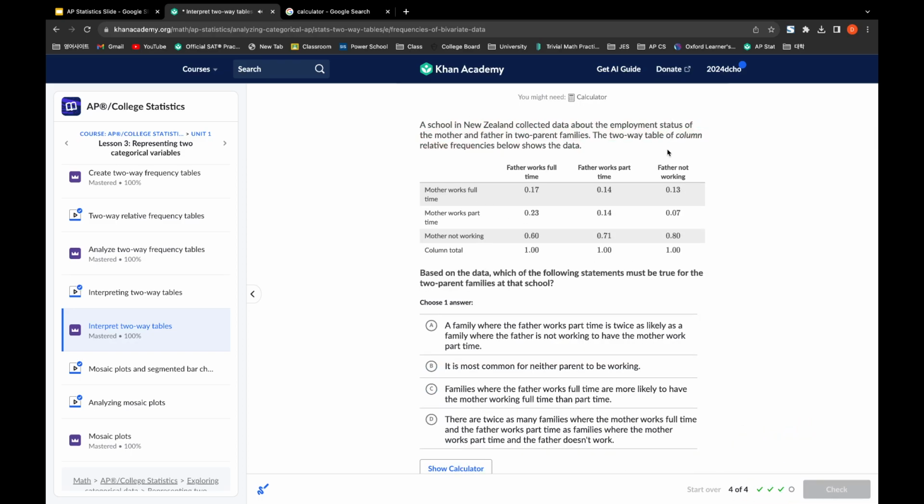A school in New Zealand collected data about the employment status of the mother and father in two-parent families. The two-way table of column relative frequencies below shows the data. Based on the data, which of the following statements must be true for the two-parent families at the school? A: a family where the father works part-time is twice as likely as a family where the father is not working to have the mother work part-time.